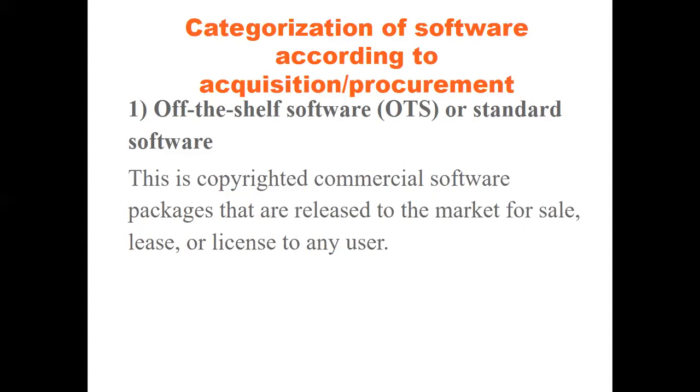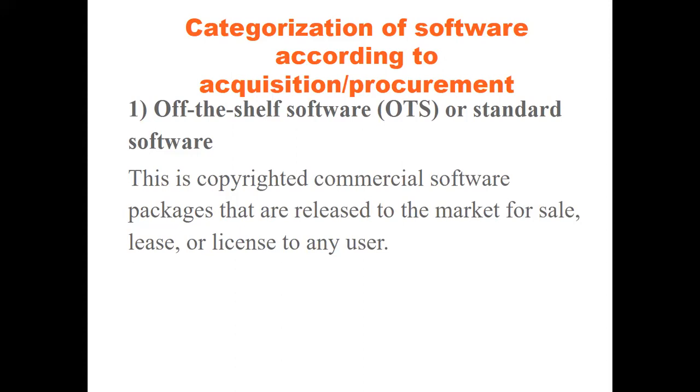Maybe as we draw towards the end of the lesson, we also need to be able to categorize software according to acquisition. This is still under application software. And also, I think even some of the system software is categorized according to this. So when you look at categorization of software, we look at all software, whether it's system software or application software, and we can categorize them according to how they are acquired or purchased.